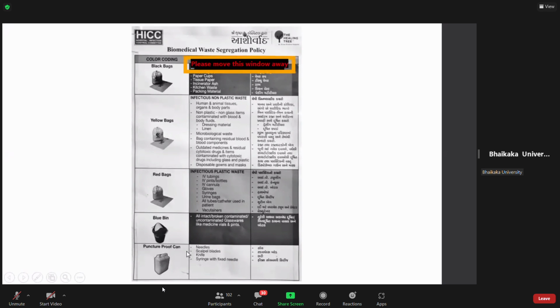And sharp materials like needles, scalpel, knife are disposed in a puncture-proof can. It is a white can. So you can dispose any sharp material in this puncture-proof can. So you need to remember which type of waste should be discarded in which color-coded dustbin.